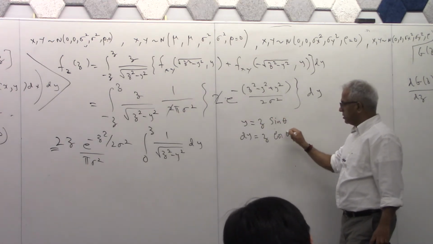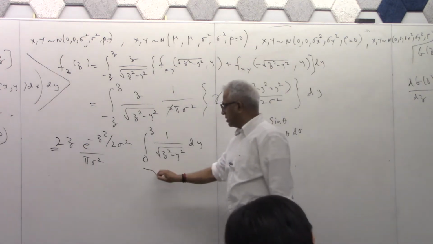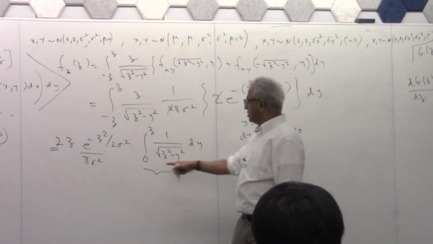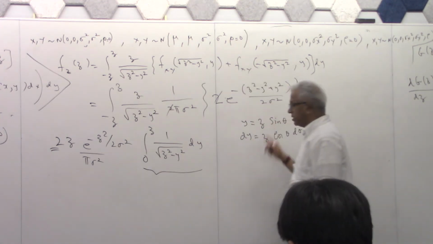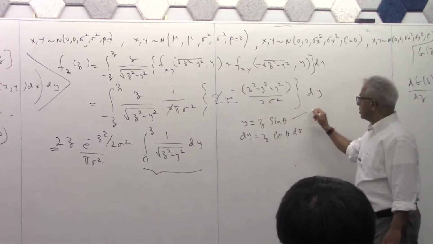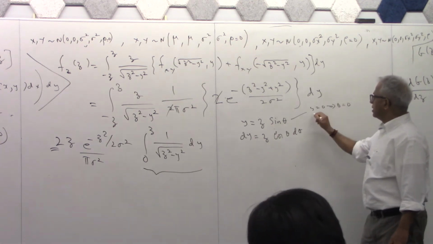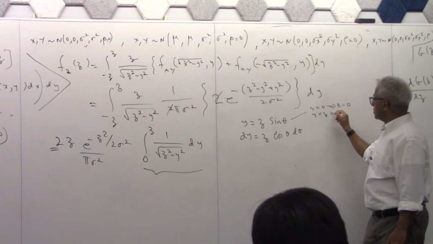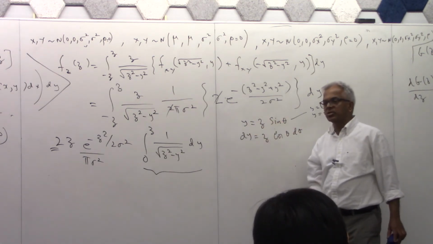So this is z cos theta d theta. So let's see this integral. When y is 0, what is the limit value on theta? When y is 0, theta is? When y is z, theta is? When y is z, z cancels, sin theta is 1.